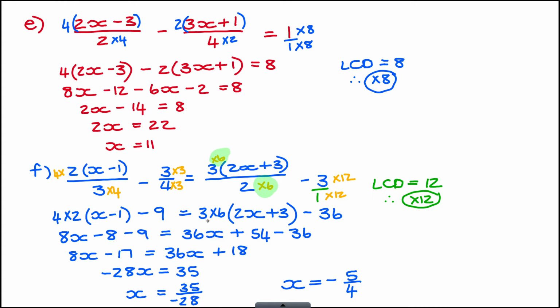So that's where I get 3 times 6 times the bracket. You guys must stop me if you're unsure. Right, then the last one, my denominator was 1, so I had to multiply with 12. And if I do it at the bottom, I must also do it at the top. And 3 times 12 gives me 36. Okay, so any questions up until there?